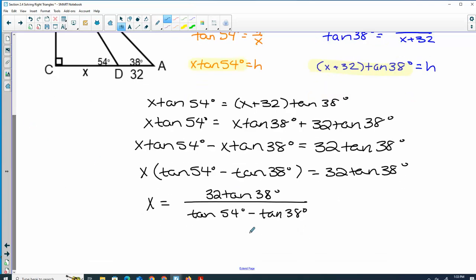We do have to be a little bit careful when we plug this in. Every time you push the tangent button, it opens parentheses, so you have to close it.